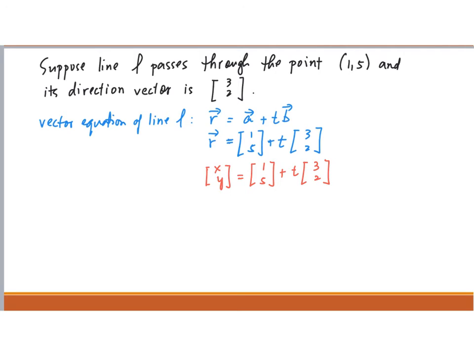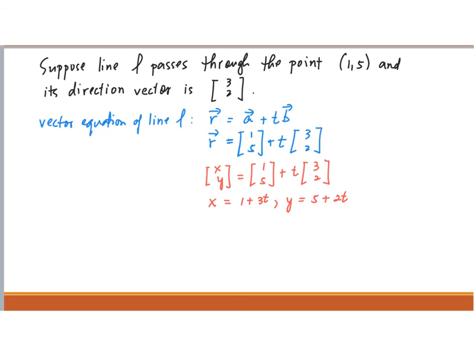And from here, we could break this equation into two equations, one in x and one in y, because since the left-hand side is equal to the right-hand side, we could equate the components and say that x is equal to 1 plus 3t and y is equal to 5 plus 2t.